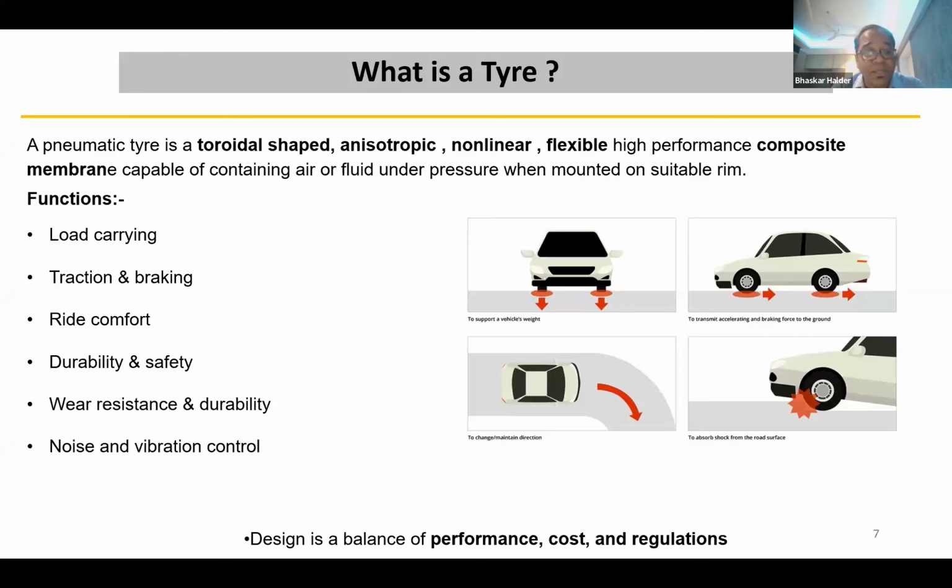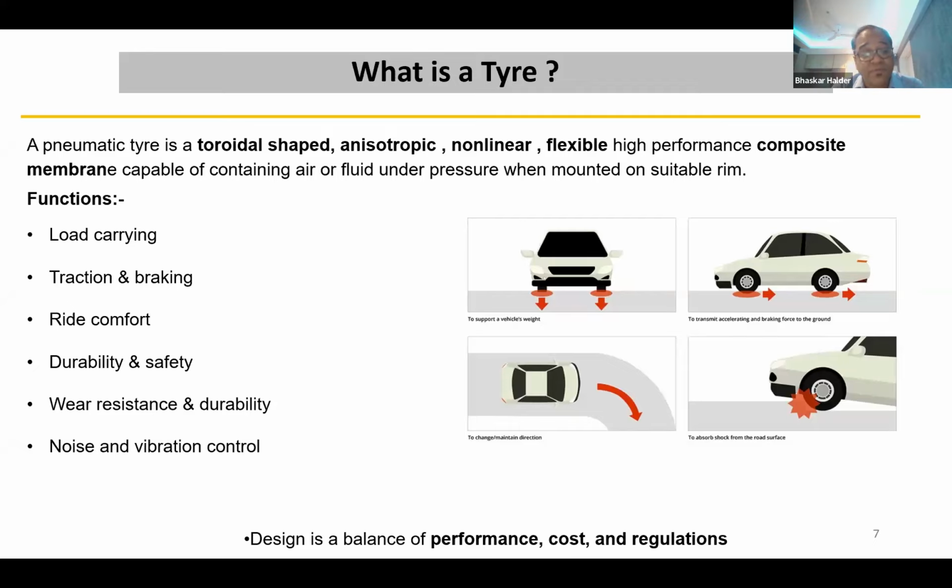It should be durable and safe, because a tire is a safety item. If a tire suddenly fails, there may be loss of human lives in dangerous conditions. For that reason, the tire is a safety item.